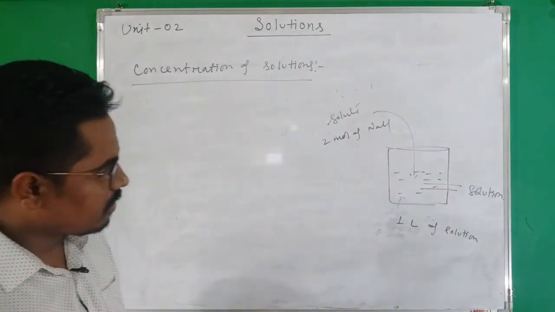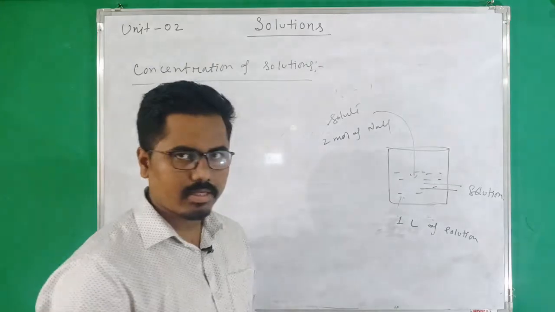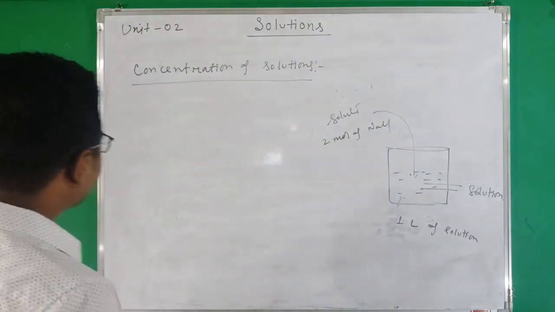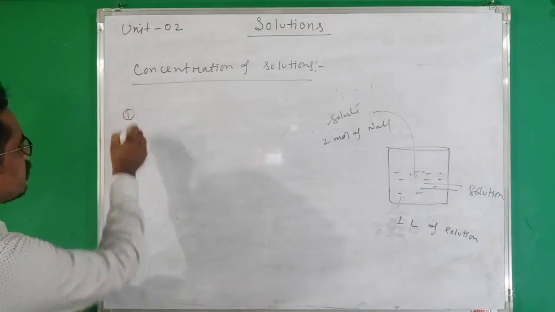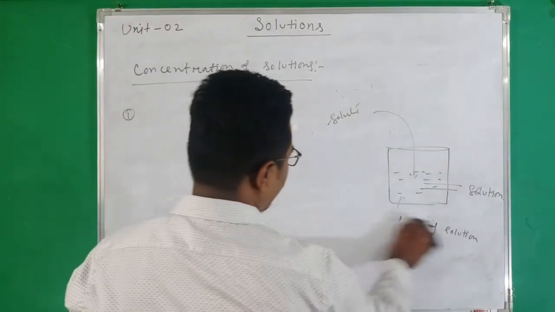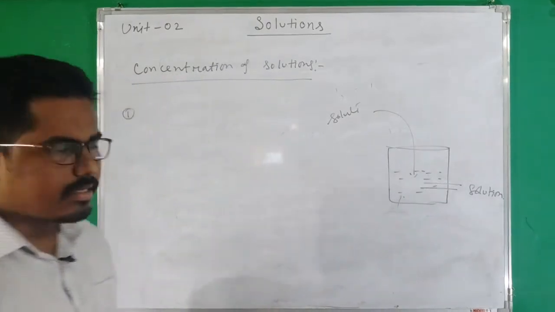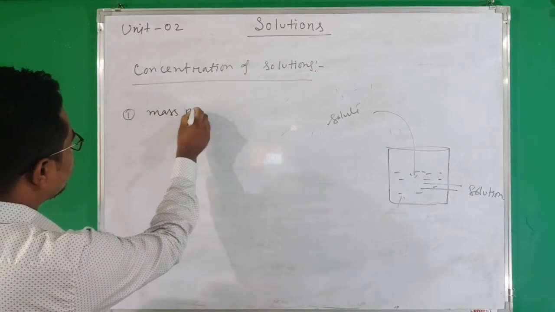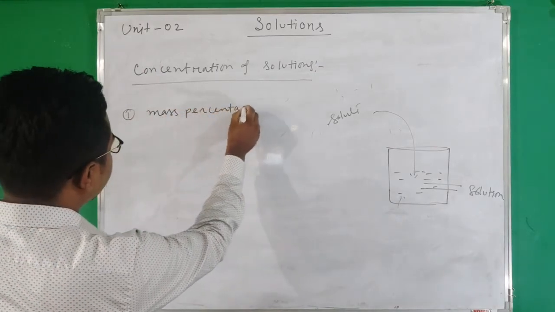Concentration can be expressed in different ways. We will discuss them now. First, the concentration will be expressed in mass percentage.